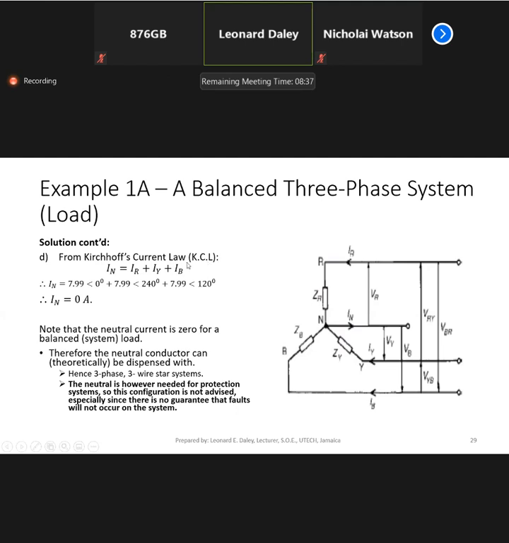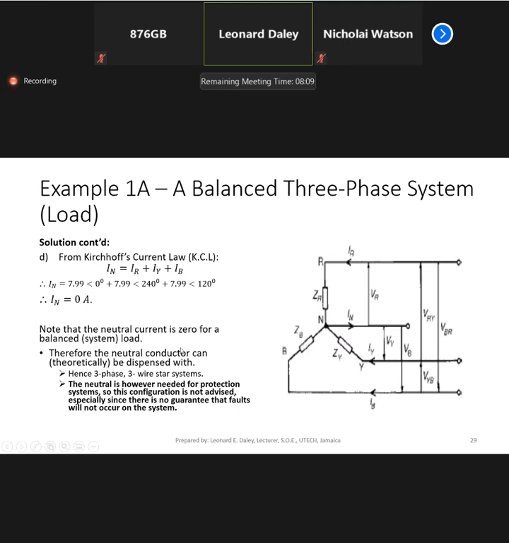When you're showing what you're doing, you say using KCL, IN is equal to IR plus IY plus IB. Therefore we just add up all the currents, magnitude and angles, and then we get IN is equal to 0. So for a balanced three-phase system, the neutral current is going to be equal to 0.